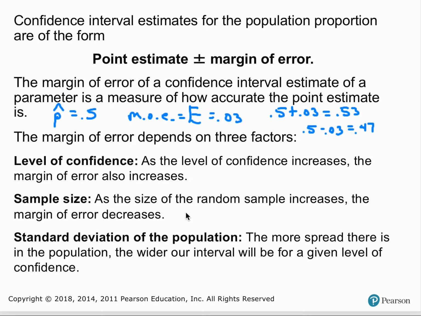As the size of the random sample increases, the margin of error decreases, right? Related to our law of large numbers again. The more spread there is in the population, the wider our interval will be for a given level of confidence.